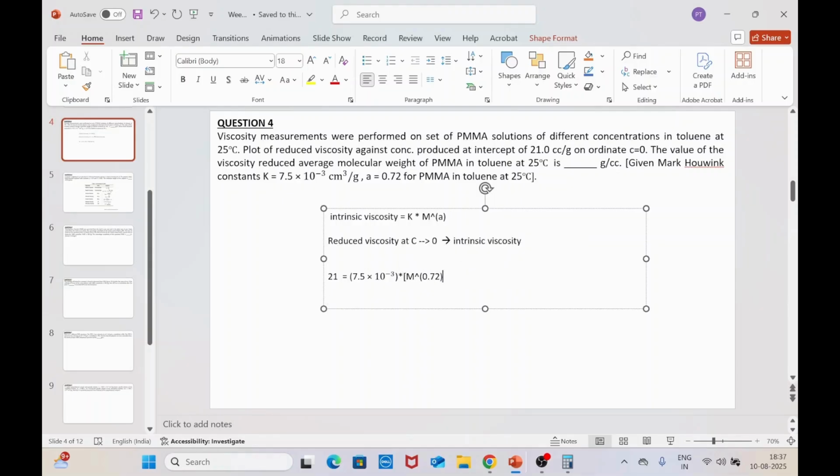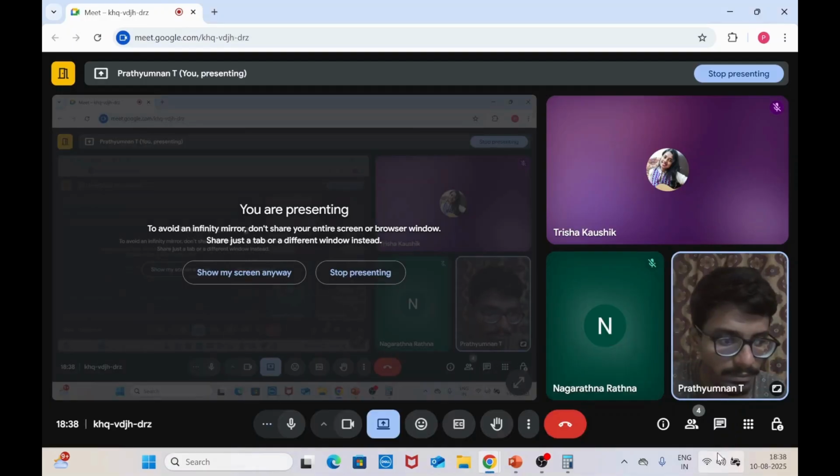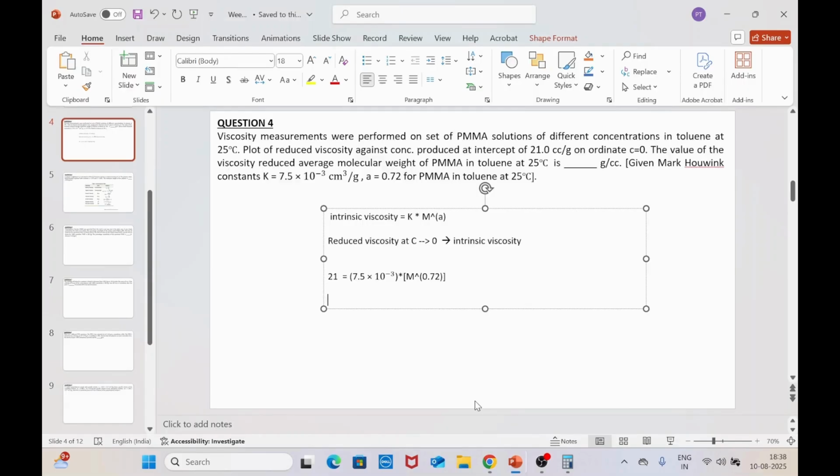To make it more clear, I am adding extra brackets. It's just about mathematics right now.